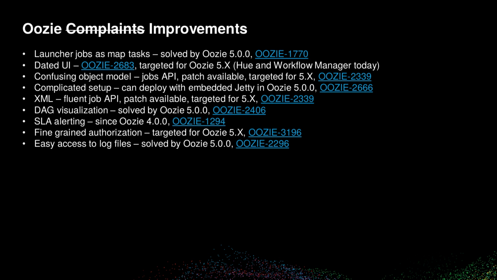Complicated setup, yes. I mean, this was built a while ago, so the work is in progress on that. But Tomcat was replaced with Jetty, so it makes it a little bit easier there. Again, with XML, there's a Fluent API if you're a developer, and if you're a drag and drop ETL kind of guy or gal, you could use Workflow Manager and Hue.